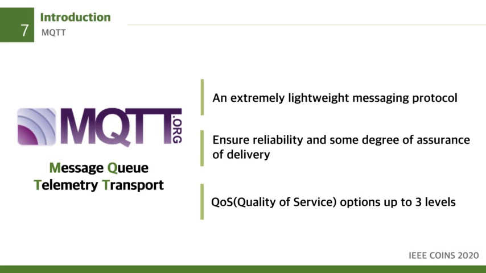The design principle of MQTT is to minimize network bandwidth and device resource requirements while attempting to assure reliability and some degree of assurance of delivery. MQTT has just 4 bytes of fixed header overhead and is the only IoT protocol that has QoS, quality of service options, up to 3 levels.